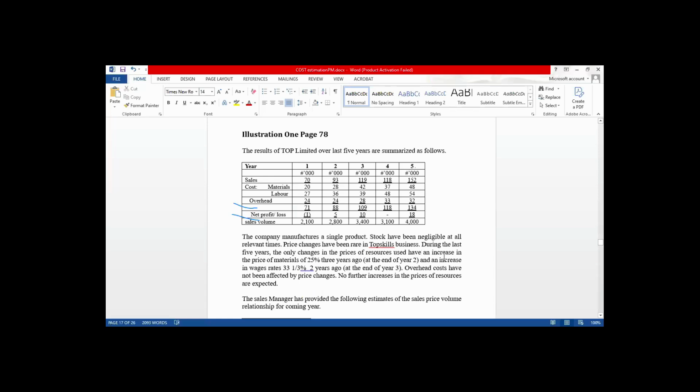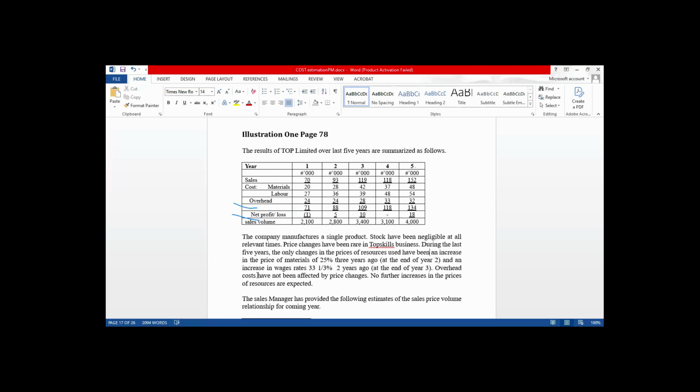An increase in the price of material of 25%. 3 years ago, material price increased by 25%.